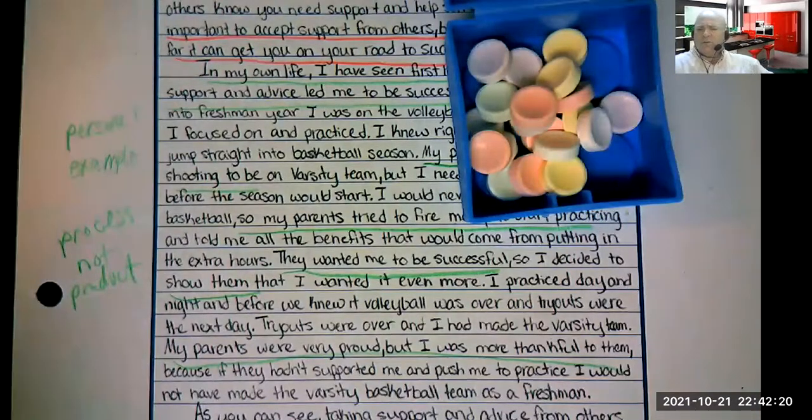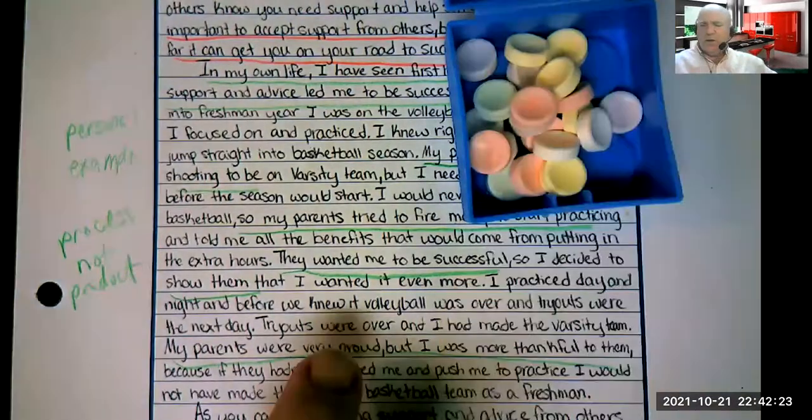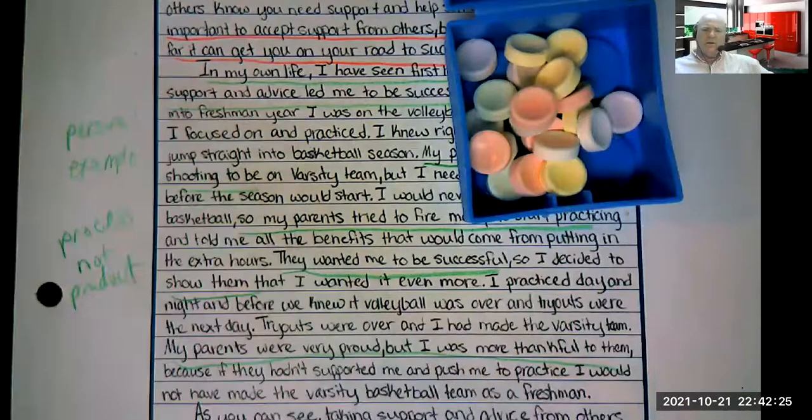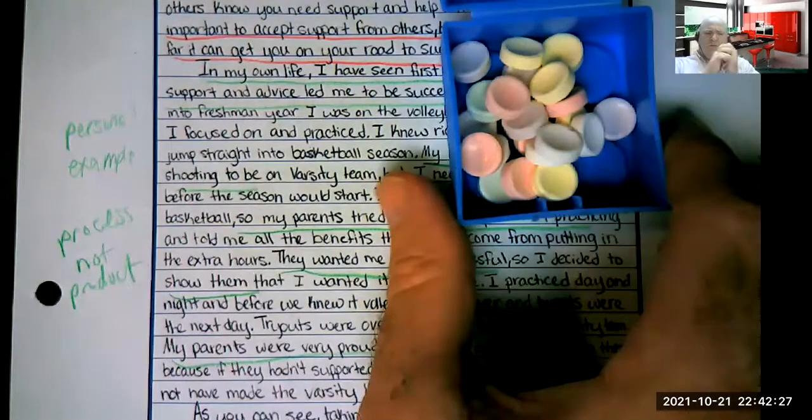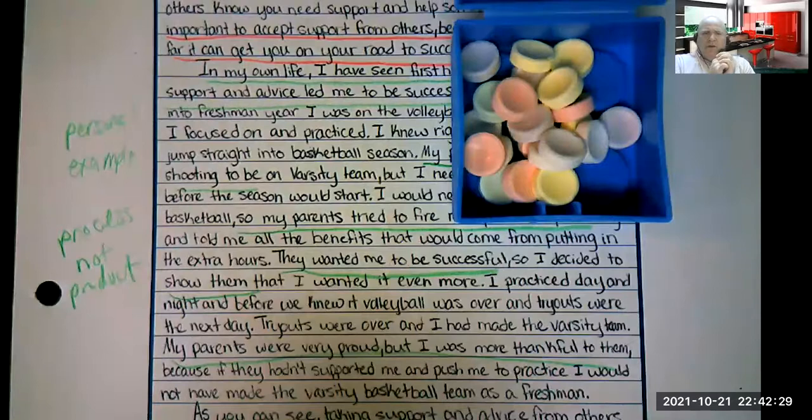And the proud was the emotional connection. And all this is about the connection of making sure that even though volleyball season was in full 100 miles an hour motion, the student was still working on basketball.